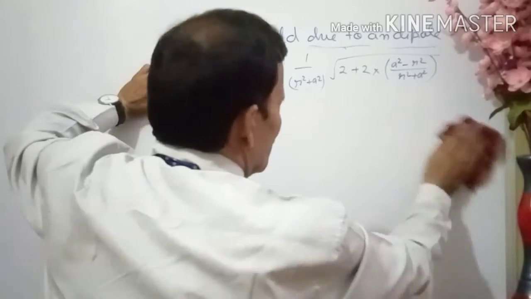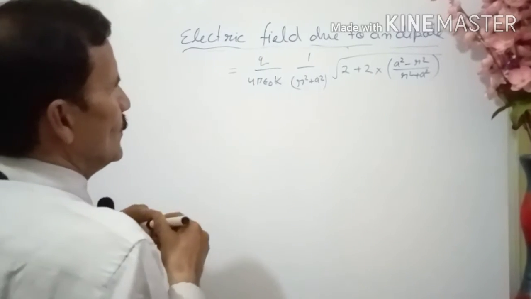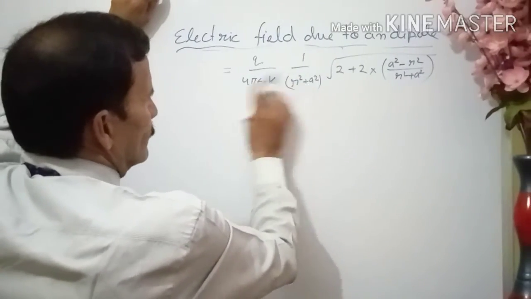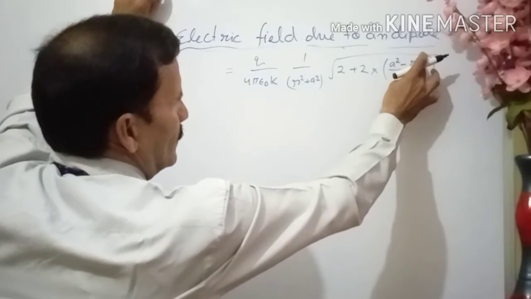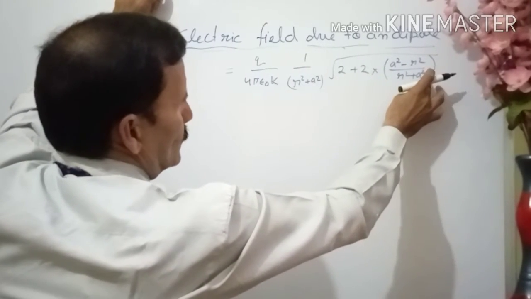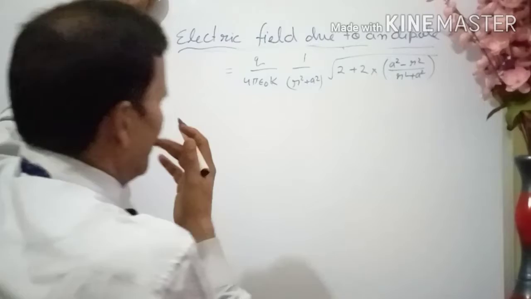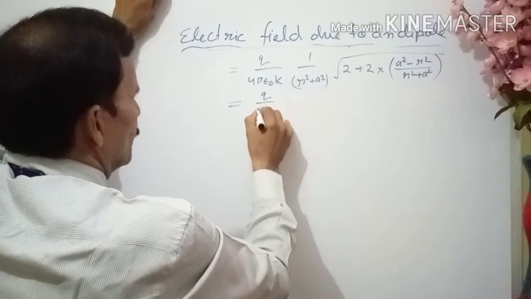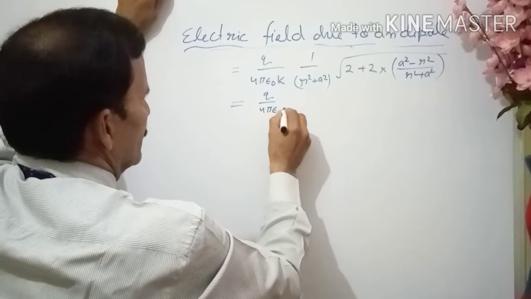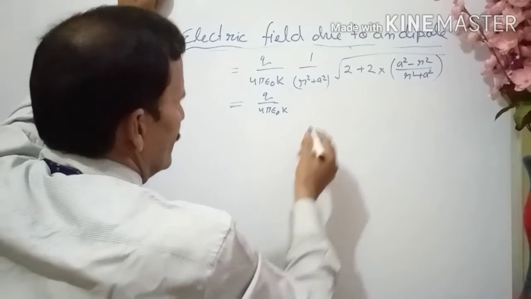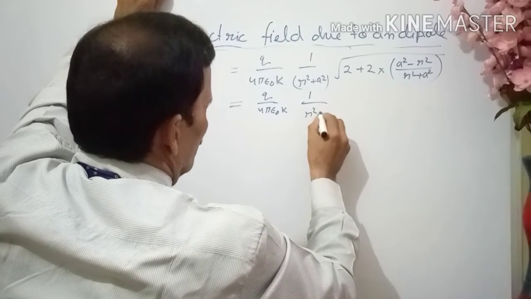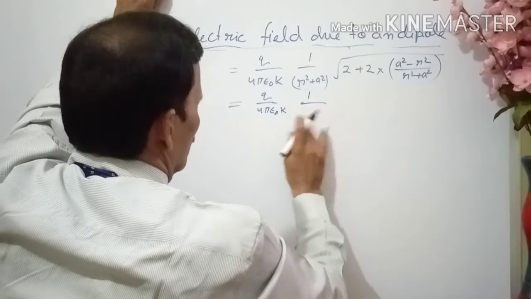Now what are you required to do? You are required to take the value. Take r square common here, and here also take r square common. So what will you get? Q upon 4 pi epsilon naught k. It is very simple. So it will be 1 upon r square plus a square, taking common.